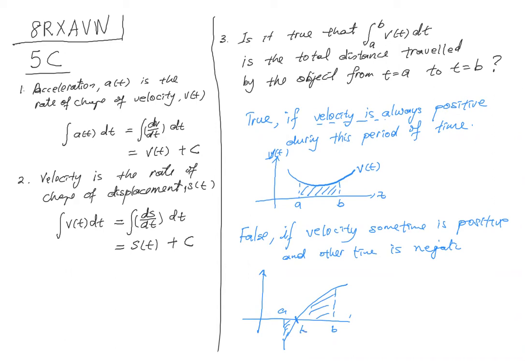So in this case, how should I write the total distance traveled? Can someone give me some idea? For the first part, how should I write the limit? Should I write a to k or k to a?